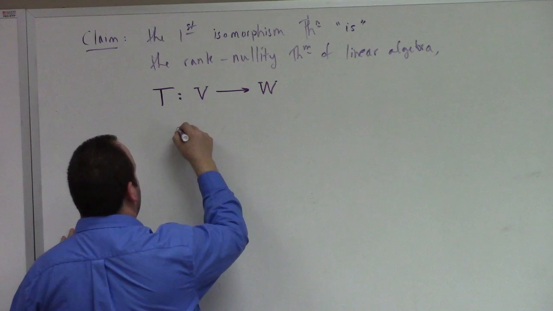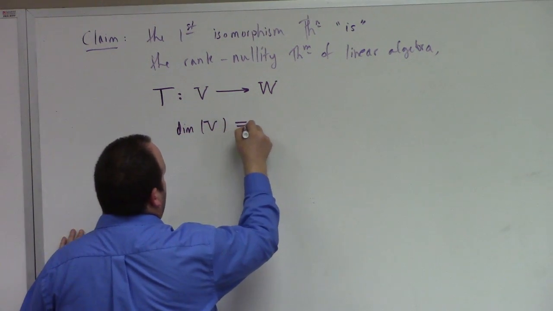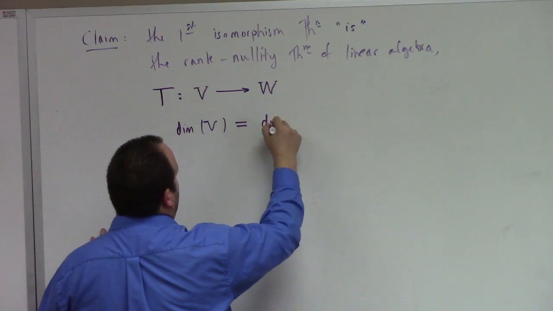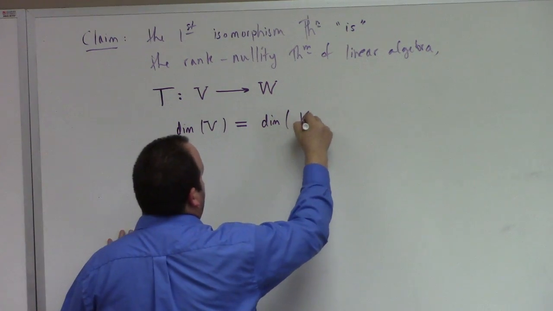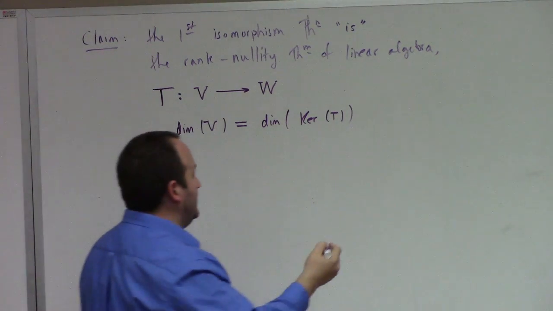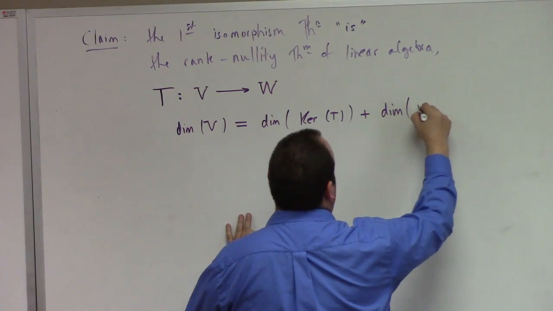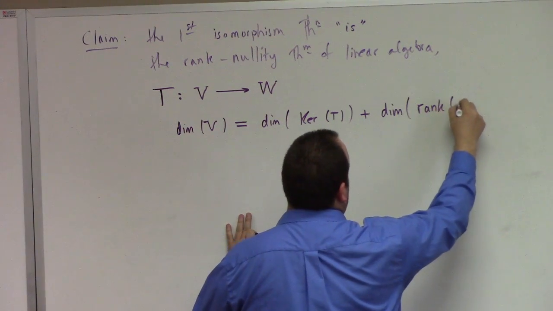It says the dimension of V is equal to the dimension of the kernel of T, plus the dimension of the rank of T.